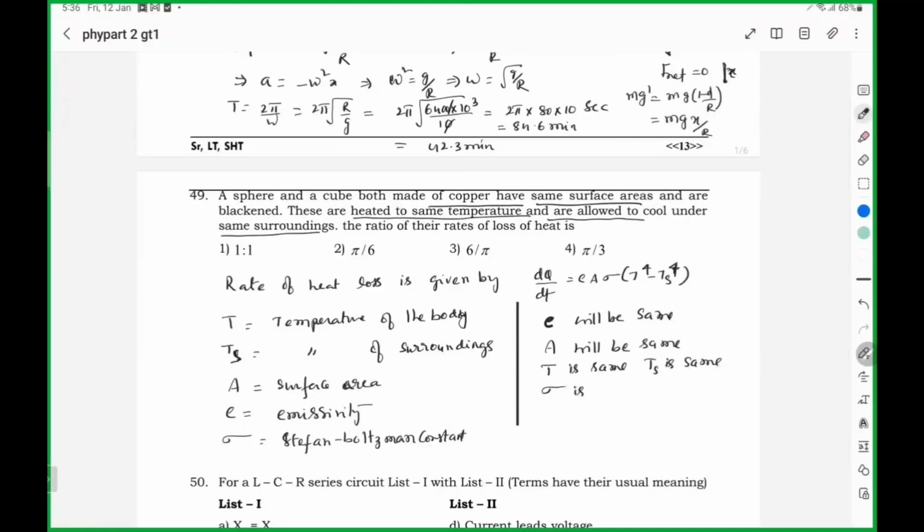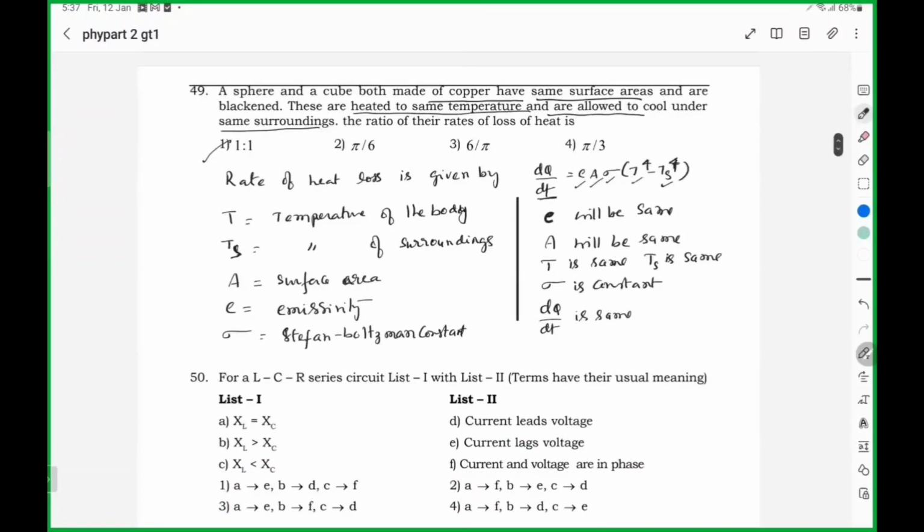Sigma is a constant, it is always same. That means for both the bodies, dq by dt is same, because E is same, A same, sigma, T all are same. So ratio of rates of loss of heat will be 1:1.